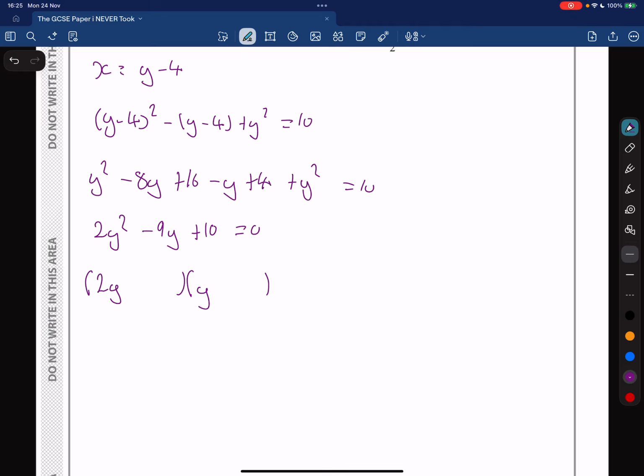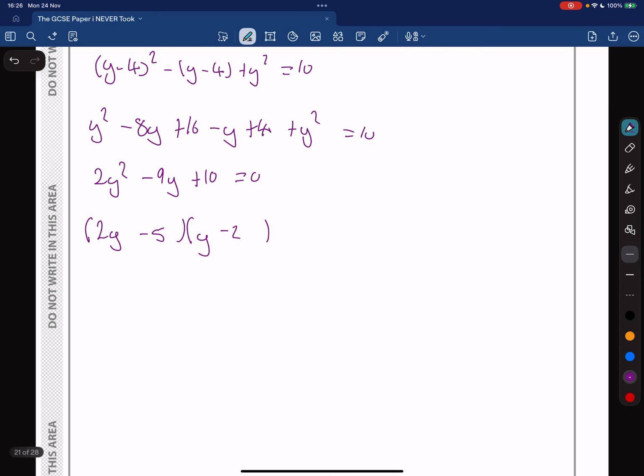Okay, so I think we can do minus 5. It's 5 and 2, isn't it? I think it's minus 2, minus 5, because then we've got 2y squared, minus 4y, minus 5y. Yep, that's right. Is equal to 0.